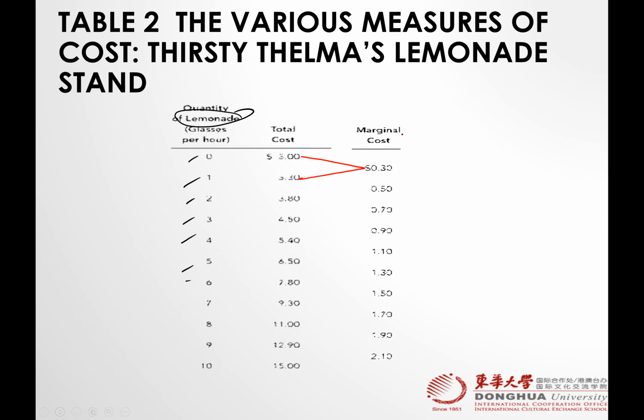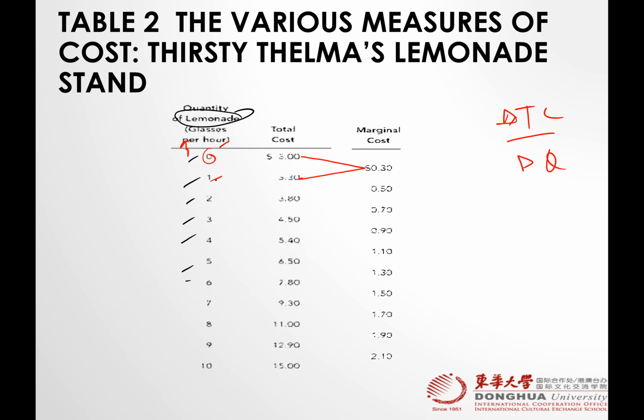Marginal cost is the change in total cost divided by change in quantity. So what is the marginal cost for 0? The answer is we don't know, because we don't have a unit before this one. So we're going to start from here.